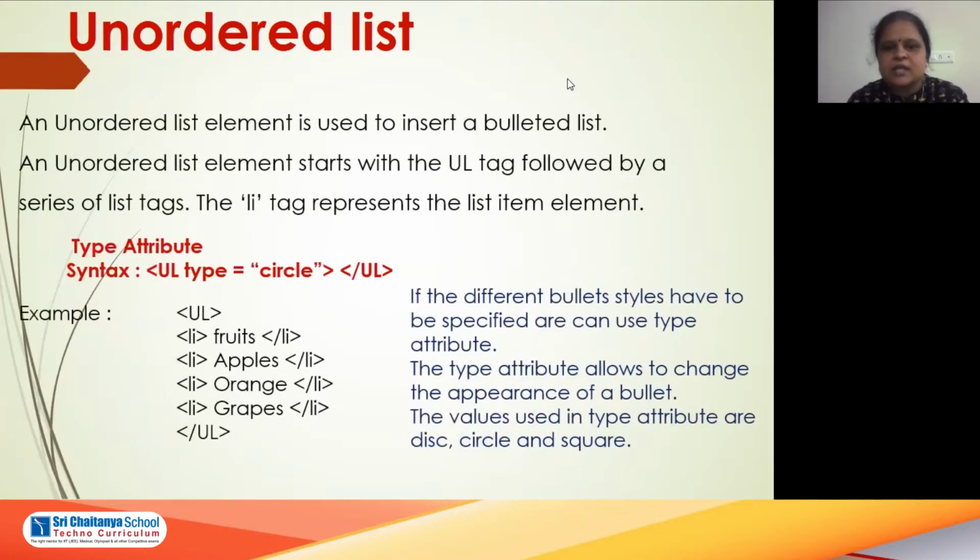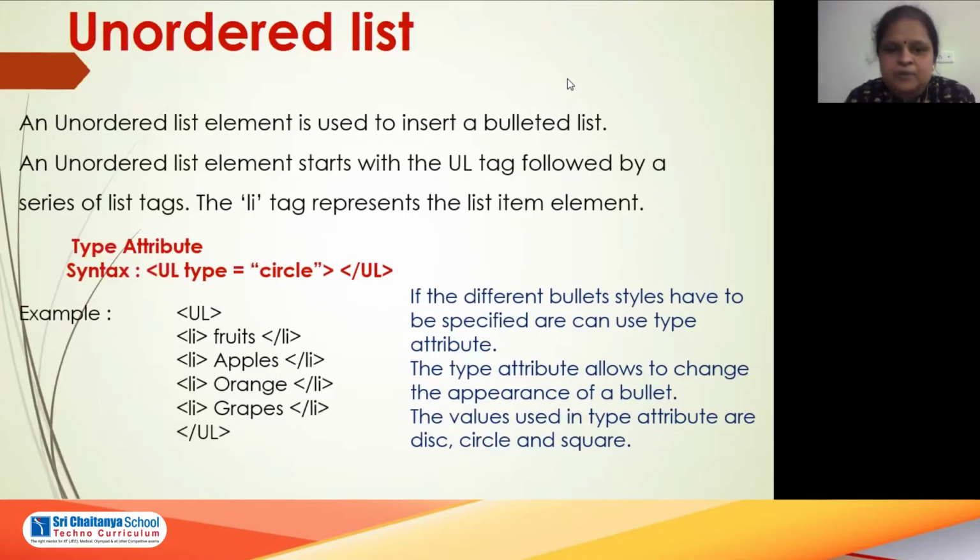You can see the tag on the screen for the unordered list. It will start with UL. The UL tag specifies an unordered list. Then what is this LI? LI is the list item, which has to be displayed one below the other with bullets or with numbers.